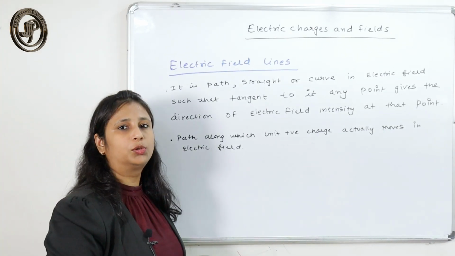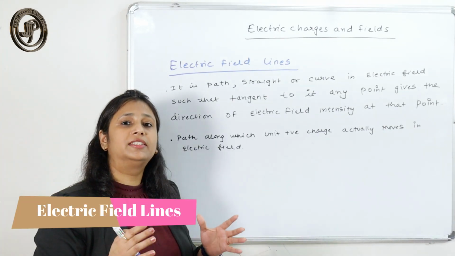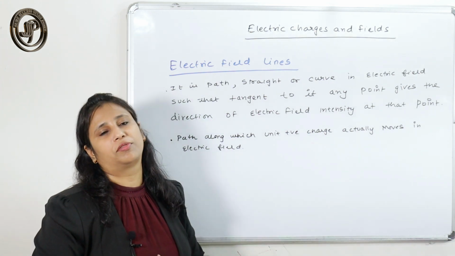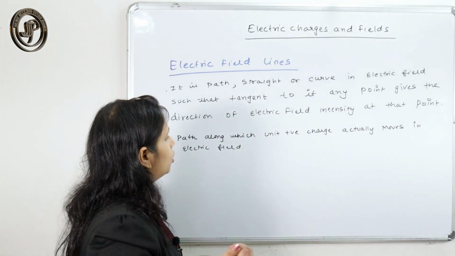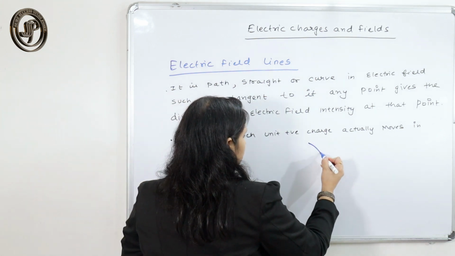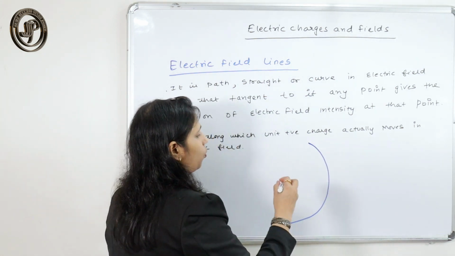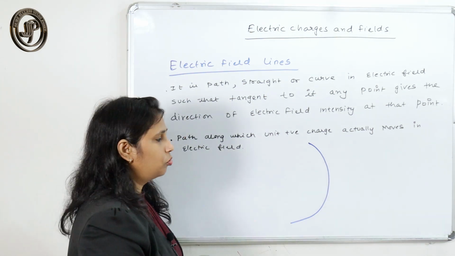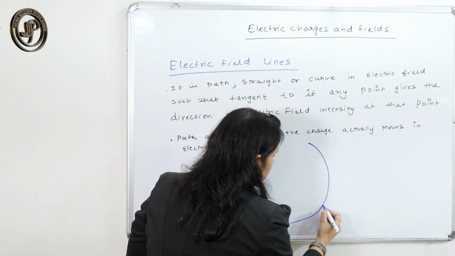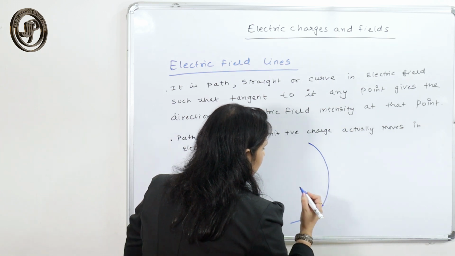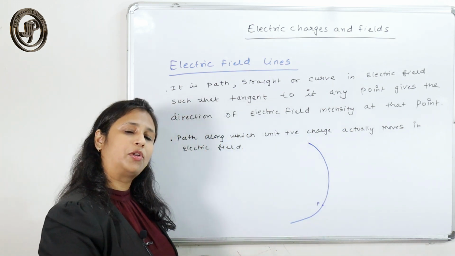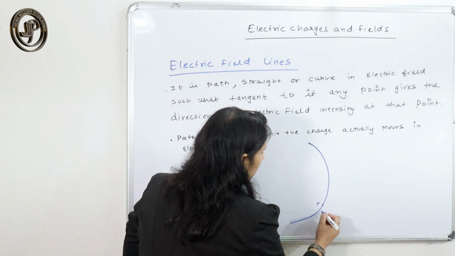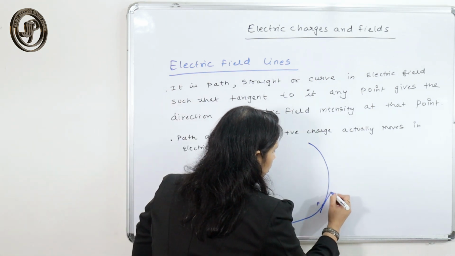Electric field lines. So what are electric field lines? It is nothing but a path along which a unit positive charge travels. Suppose this is a path along which the unit positive charge travels; this is an electric line of force. If I want to predict the direction of electric field at a particular point P, I draw the tangent along this.